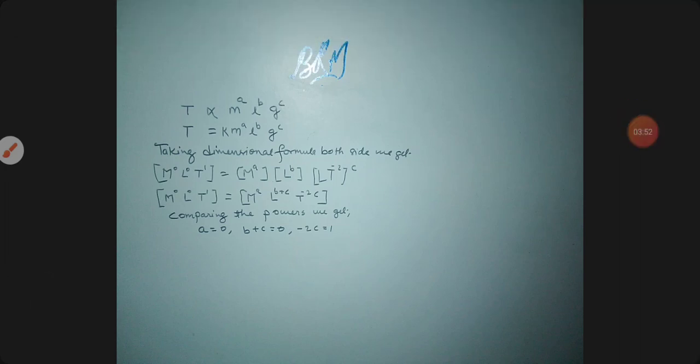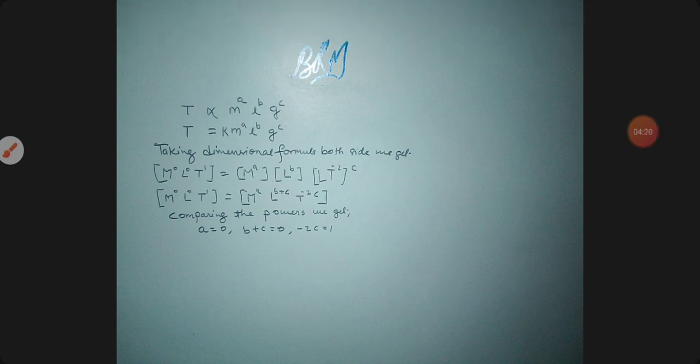Comparing the powers of LHS and RHS, we get a is equal to 0. In the LHS m power is 0, and in the RHS m power is a, so a will be 0. Here l power 0 in the LHS, and in the RHS it is l power b plus c, and therefore by comparing we get b plus c is equal to 0. In the same way, minus 2c will be equal to 1.